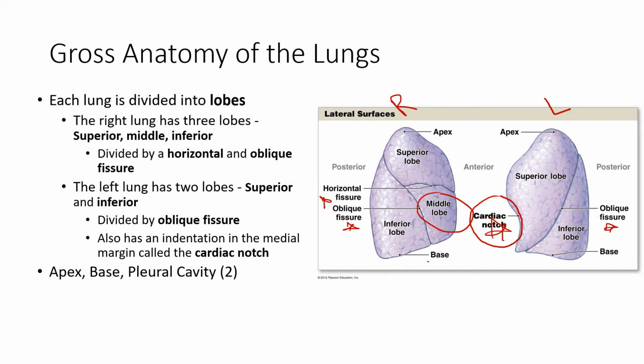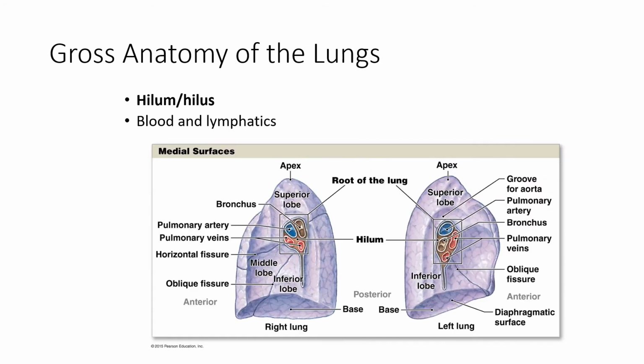Do make note that the base of the lung is going to be this inferior flat portion, while the apex is a pointed portion, and that you are going to have 2 pleural cavities. So these are cavities within the thoracic cavity, so within your chest. You have 2 empty spaces perfectly laid out for both of your lungs. The hilum, or the hilus, is going to be where we have blood and lymphatic vessels coming in and out of our lungs.